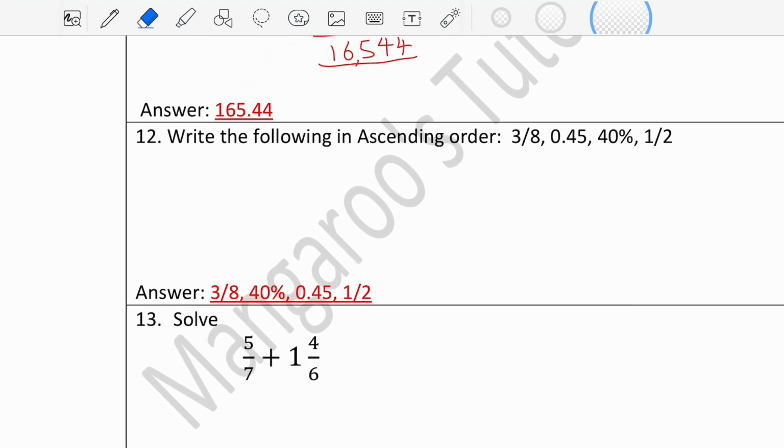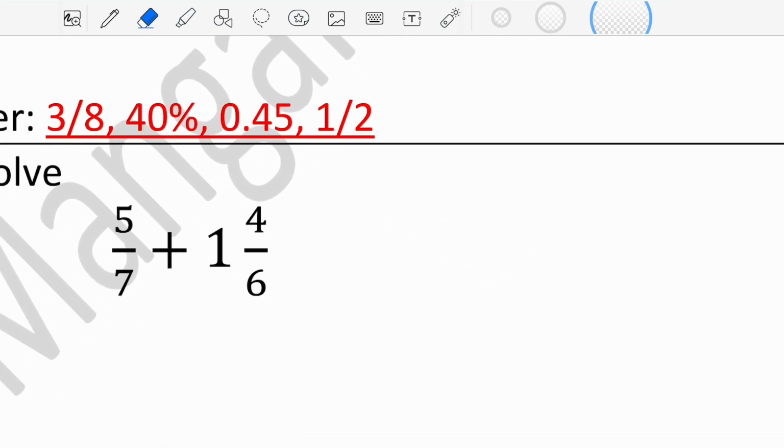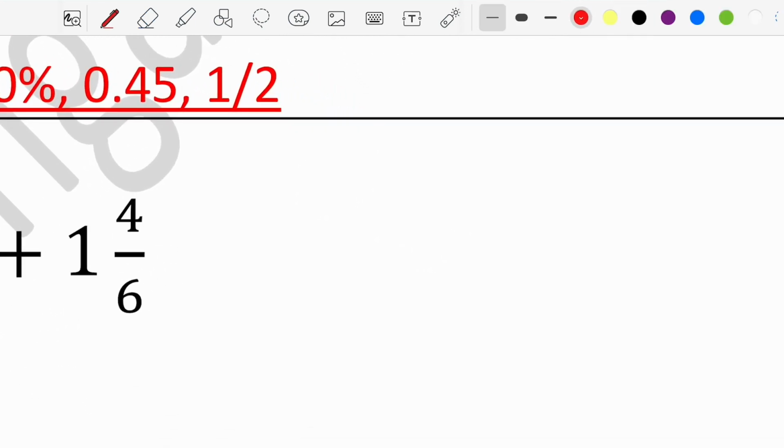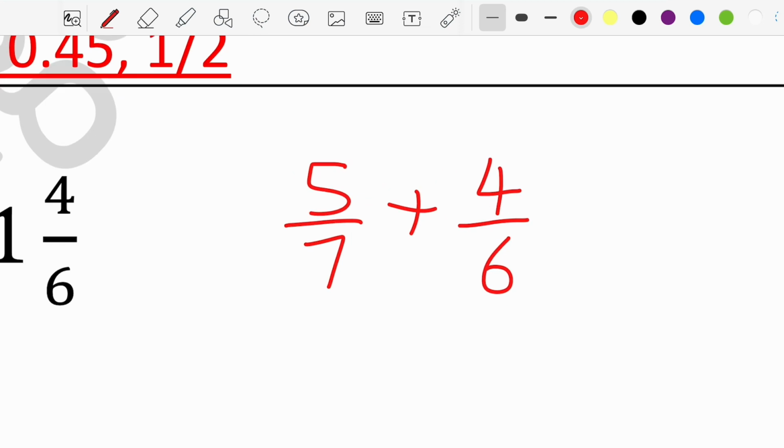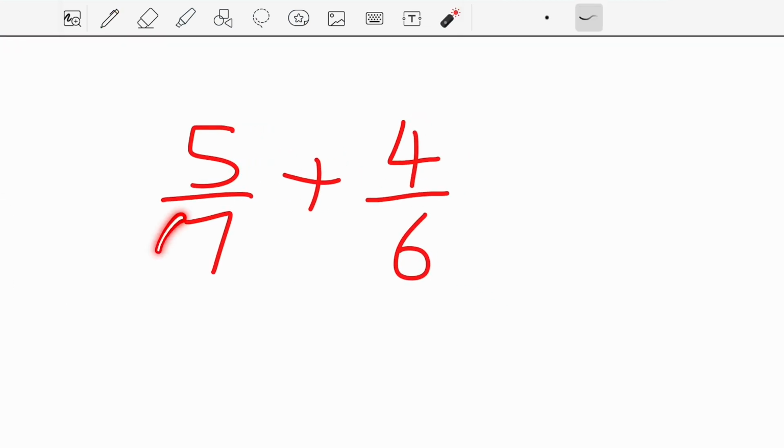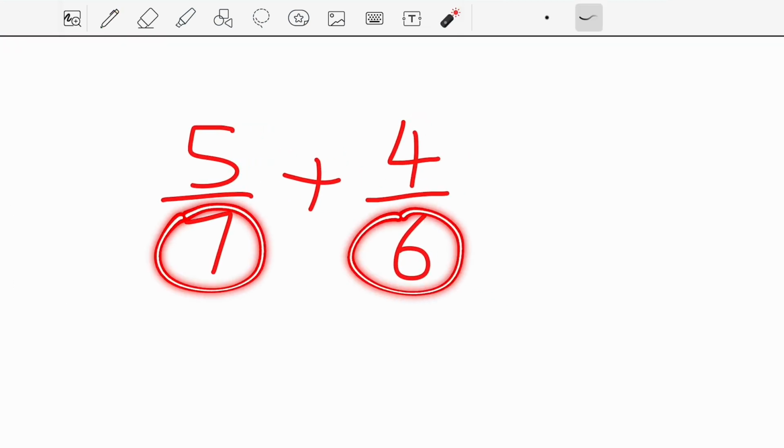Number 13, solve this addition. So let's add 5 sevenths plus 4 sixths. We can always add the whole number after. Right, so if the digits or the denominators are small, we can simply multiply them to get a common multiple.